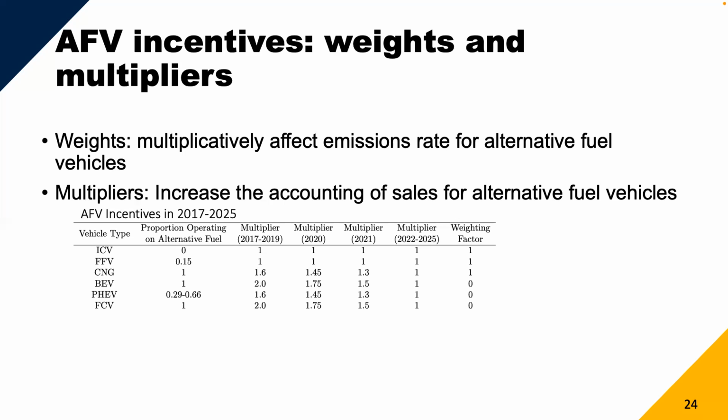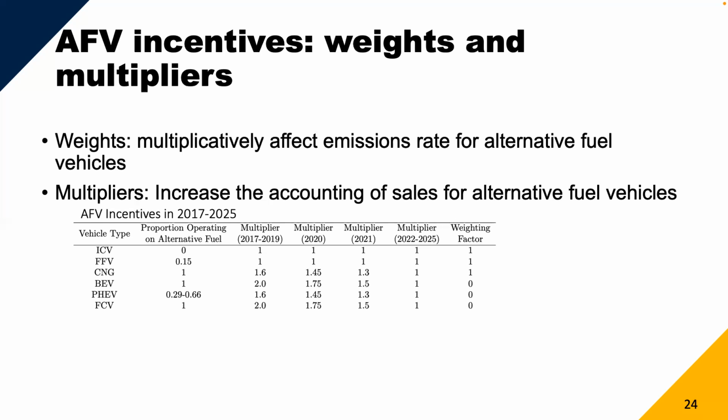Let's say I'm Nissan and I sell a couple Nissan Leafs. Let's say I sell 10 of them. When I go to do my true up in accounting for the fuel efficiency, basically a multiplier is going to increase the accounts here. So for BEVs, the multiplier is, let's say, 2 in 2017 to 2019.